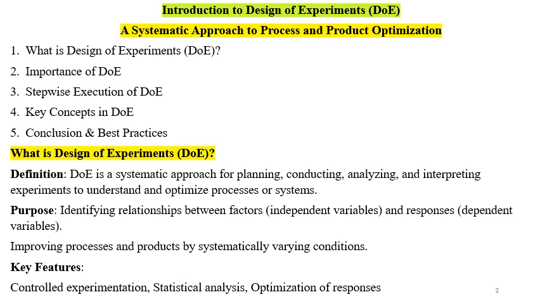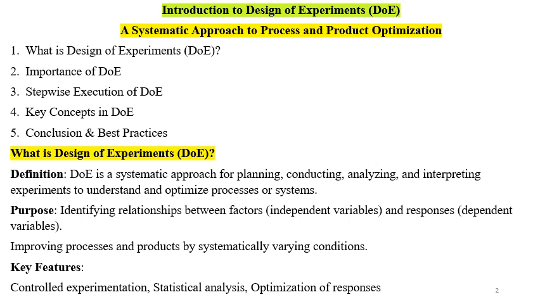or independent variables. You need to understand the cause effect relationship between the factors and variables. So this DOE gives a systematic approach to plan your experiments, to conduct your experiments.